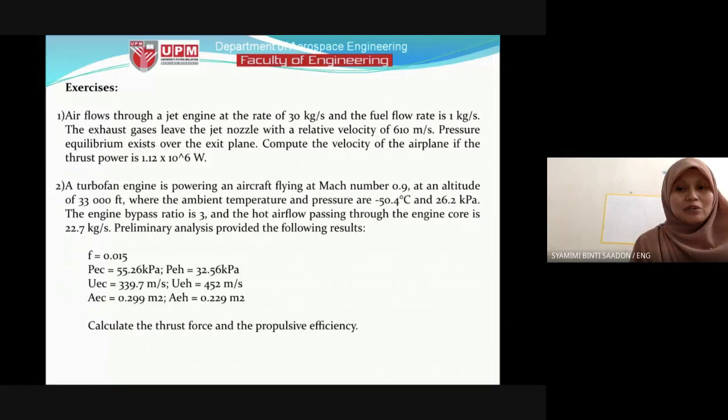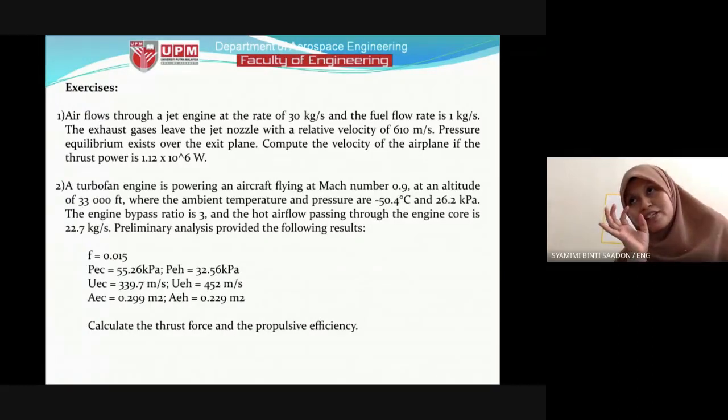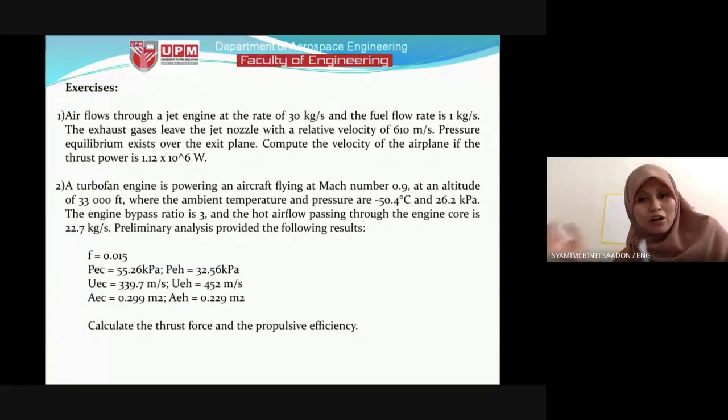Now that we have all these values, calculate the thrust force. What is the equation of thrust force for a turbofan engine? Normally the general equation for a turbofan engine is a bit longer because it has two parts, one for cold and another for hot.